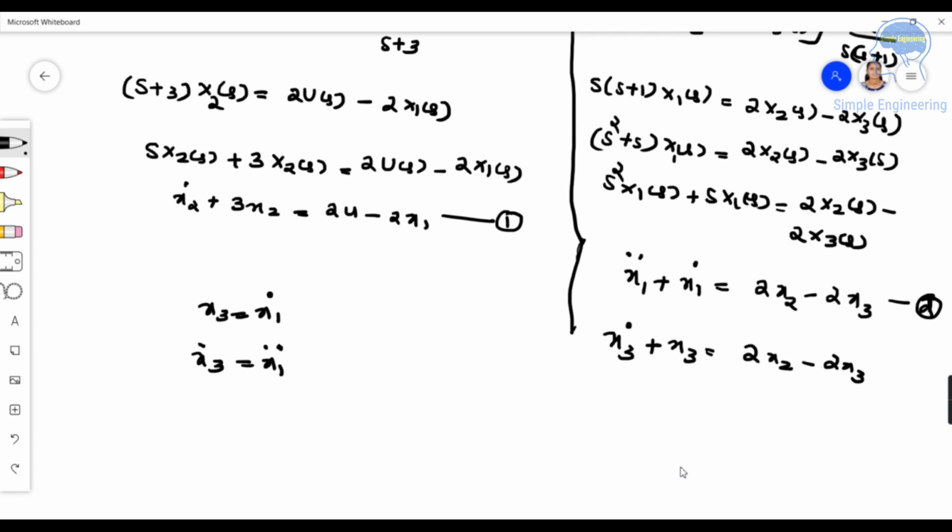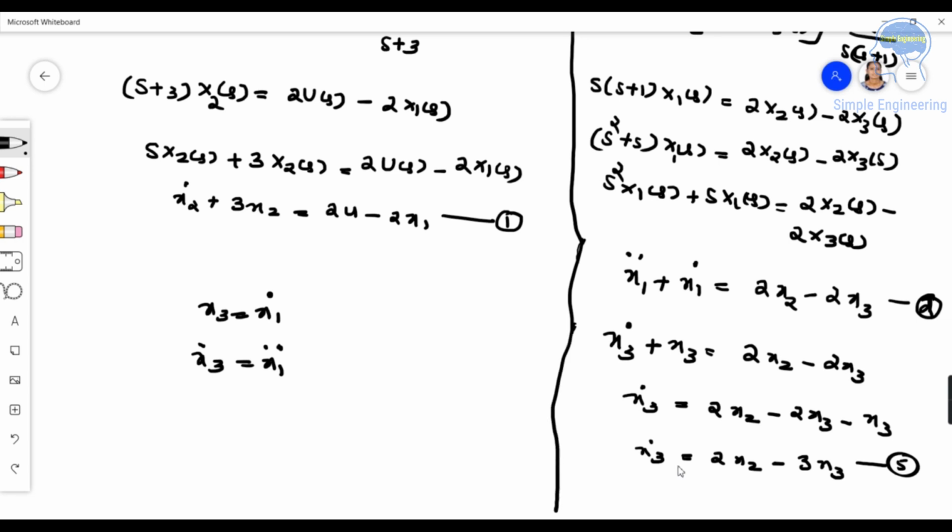So I am taking the x3 term to this side. So I will get x3 dot is equal to 2x2 minus 2x3 minus x3. So this will become minus 3x3. x3 dot is equal to 2x2 minus 3x3. So this is my equation number 5.